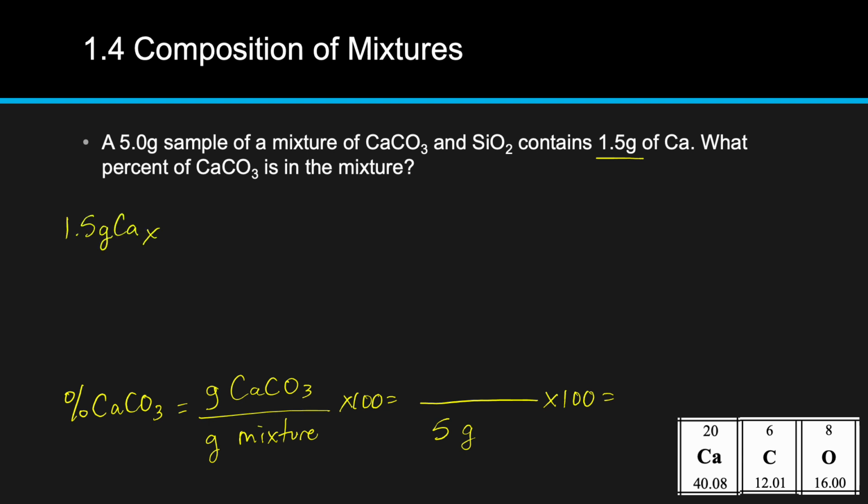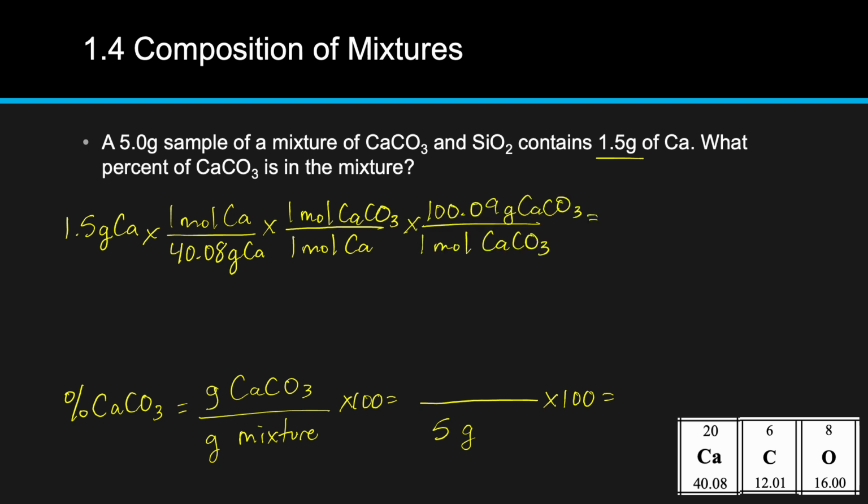Then I'm going to convert that into moles of calcium. Then I'm going to convert from moles of calcium to moles of calcium carbonate. And I know in 1 mole of calcium carbonate, there is only 1 calcium. And then in my final fraction, I do need mass of calcium carbonate. So now I'm going to convert this into grams.